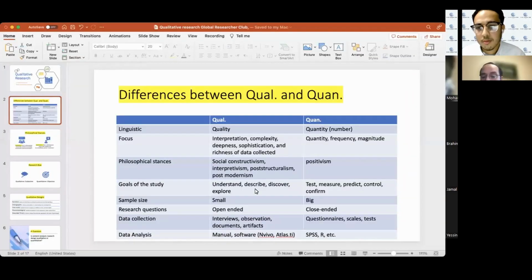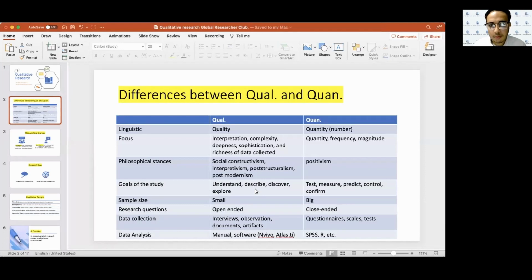To understand, to explore, to describe, to discover, these are not the goals, generally speaking, in quantitative research, because our goals there would be to test, to measure, to predict, to confirm, to control. These are the goals when it comes to quantitative, but not when it comes to qualitative.